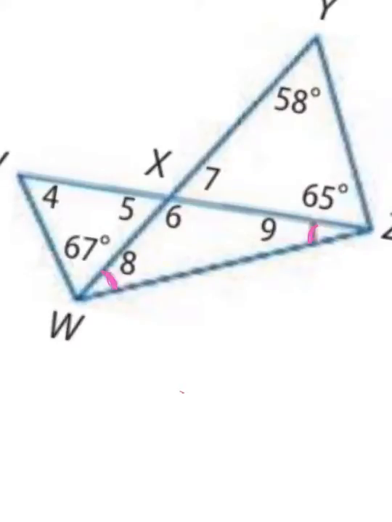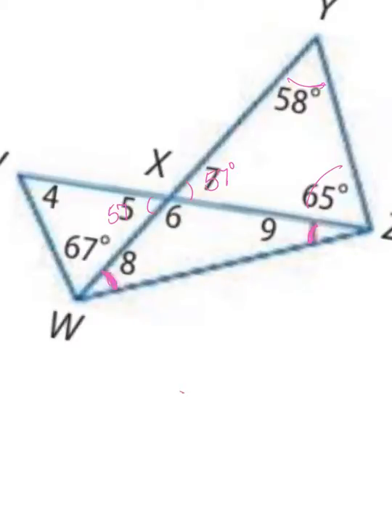So I'm going to add 58 and 65, and I get 123 degrees in these two angles up here. So if I subtract that from 180, it's going to tell me how many degrees are left to be in angle 7. That's 57 degrees. Since these are vertical, that means angle 5 is 57 degrees as well.